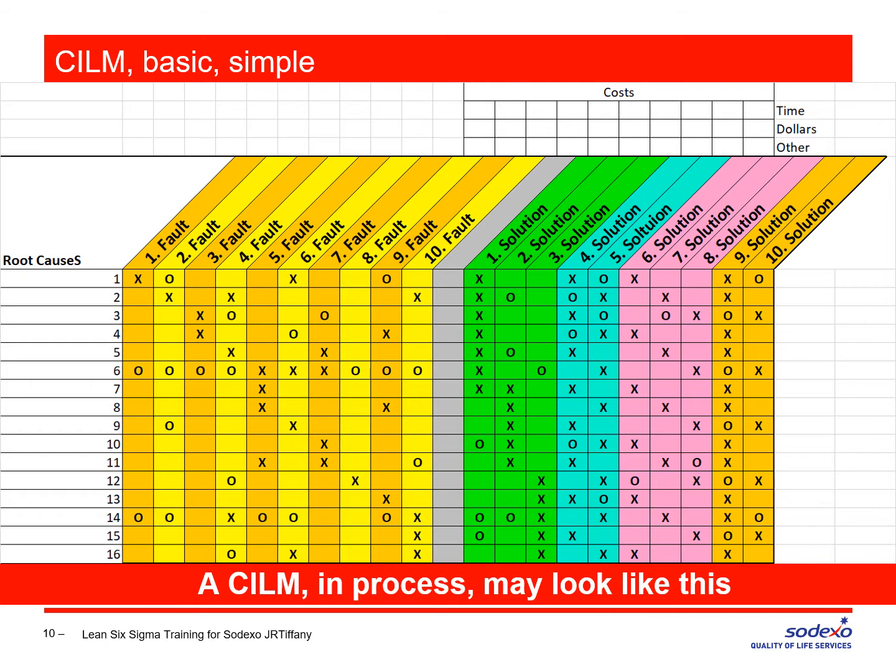But all of these are put together, and then a cost-benefit analysis is done using the time, dollars, and other factors for each one of the solution sets. And you can then make a determination on which solution set to choose, noticing that whichever one you choose will have roughly the same effect on the root causes, which means that each solution set will have roughly the same effect on the faults.